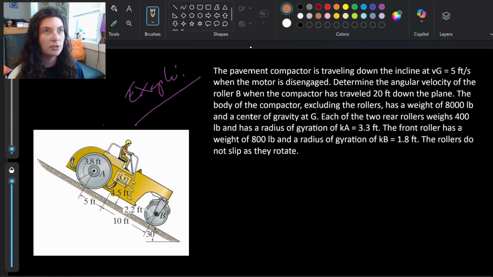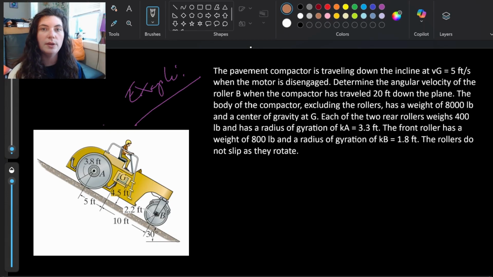The body of the compactor, excluding the rollers, has a weight of 8,000 pounds and a center of gravity at G. Each of the 2 rear rollers weighs 400 pounds and has a radius of gyration of Ka equals 3.3 feet. And then the front roller has a weight of 800 pounds and a radius of gyration of Kb equals 1.8 feet. Rollers do not slip as they rotate.